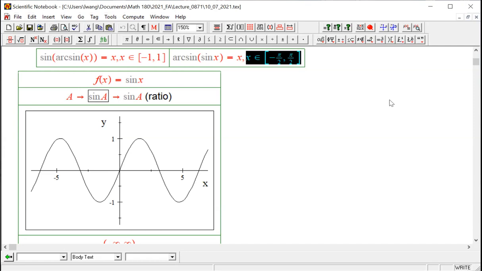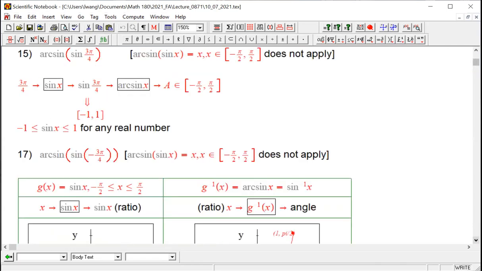So if for question 15 you added that restriction, then the question would be different. Where would you add the restriction? For example, sine 3 pi over 4, then comma, restricted?